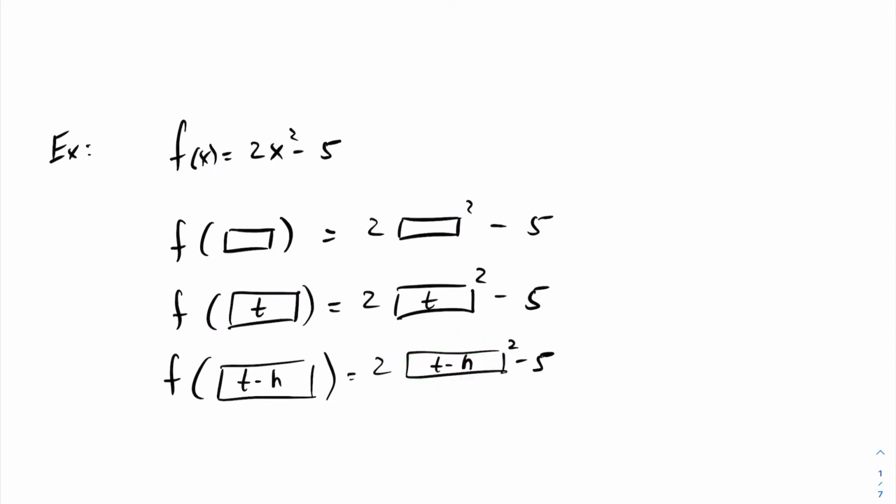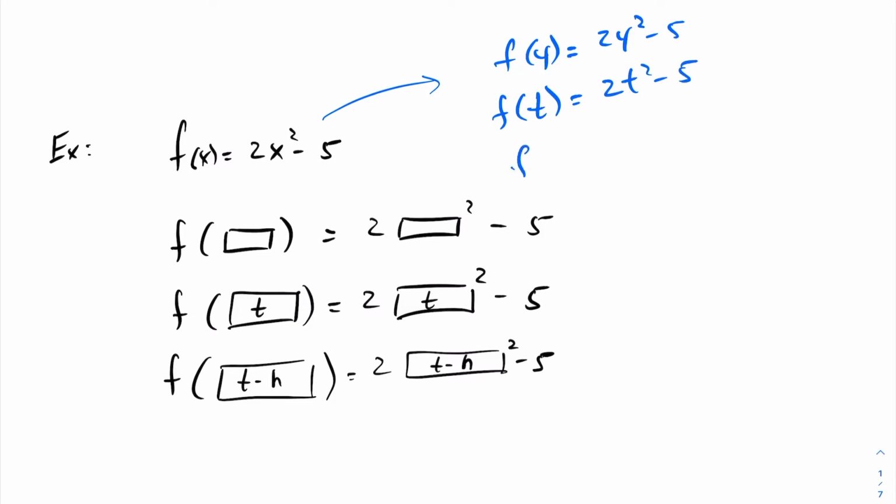So the idea here with function notation is, again, that input is a placeholder, right? The placeholder for x. So continuing on with this idea here, you can be asked what's f at y? Well, f at y would be 2y squared minus 5. What is f at t? F at t, as we just discussed, is 2t squared minus 5. And continuing on, what's f at t plus 2 is going to be everywhere I see an x, I change that to a t plus 2 quantity squared minus 5 is the idea.